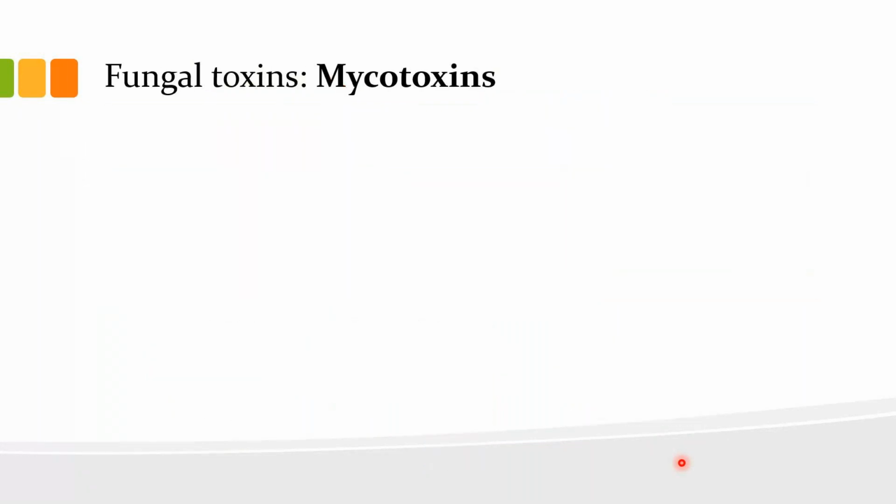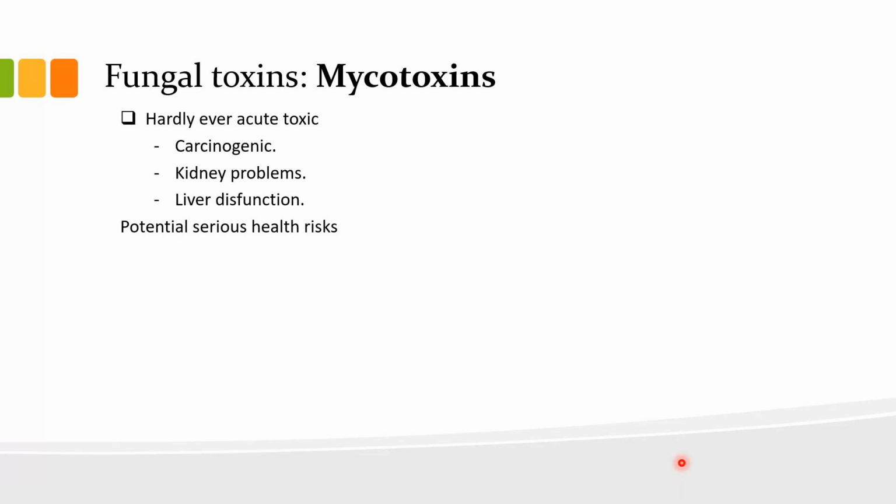Fungal toxins like mycotoxins: here in the One Health Commission, we talked before about mycotoxins and the hazards of their being kept in food for human consumption, causing carcinogenic effects, kidney problems, and liver dysfunction. It is a potential series of health risks.